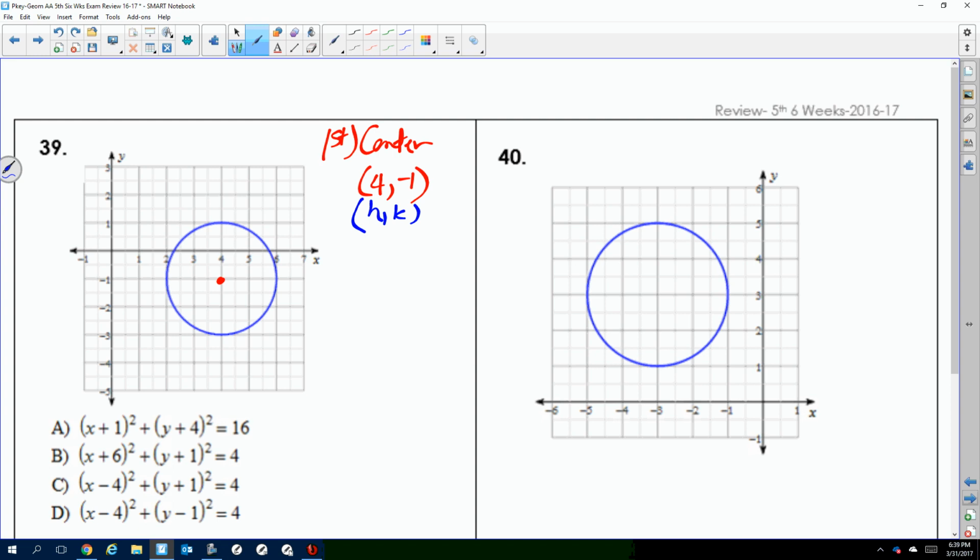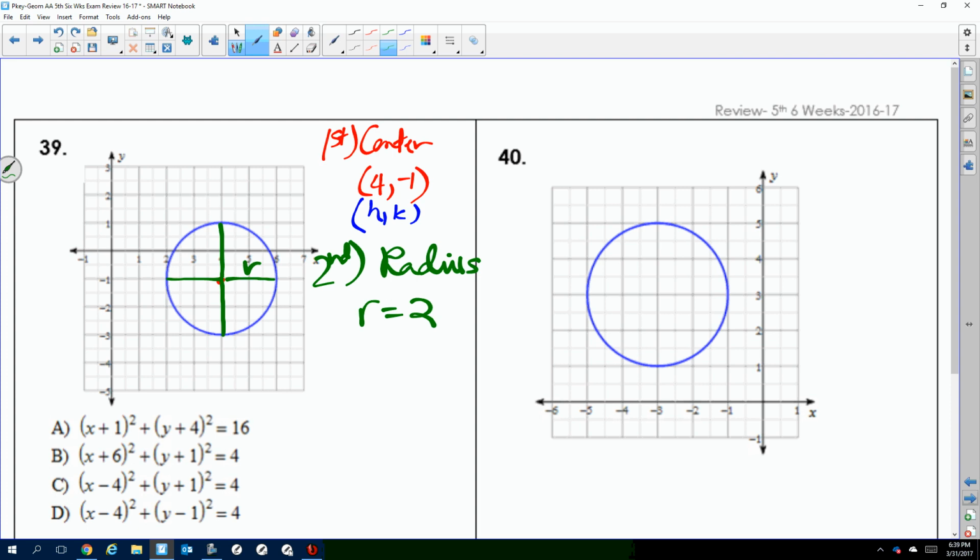And then our next thing, we need the radius. As long as it's vertical or horizontal lines, I can literally count it. So our radius off this graph is 2 units.